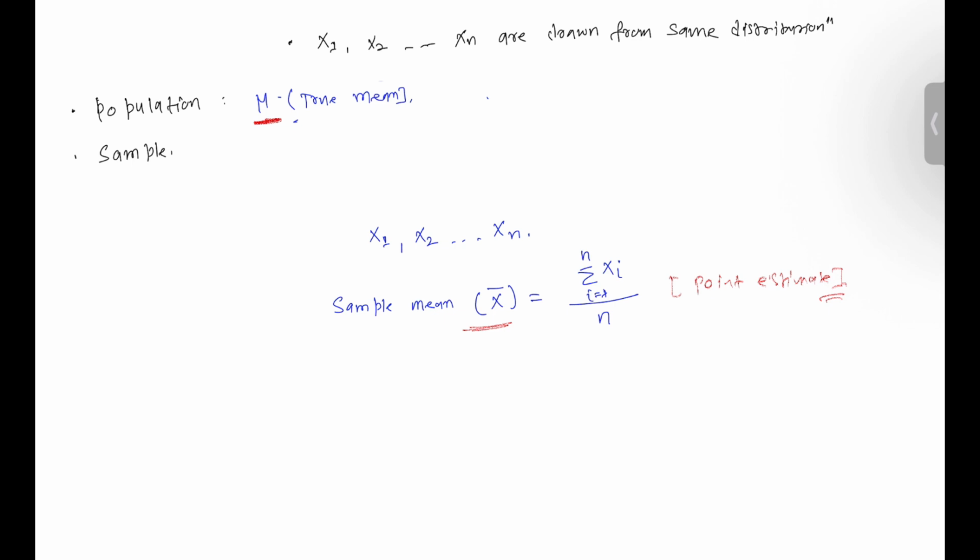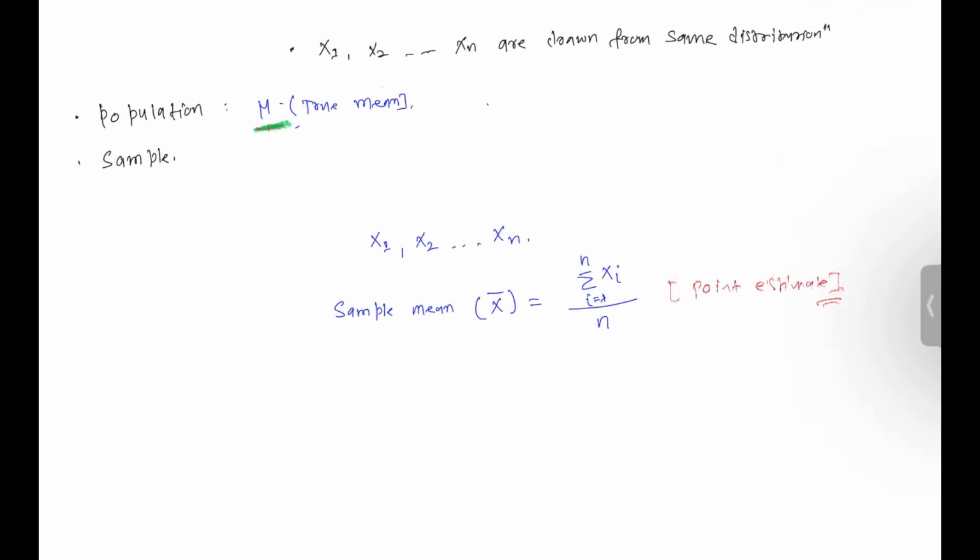The better thing we can do is give a range around the sample mean. This range may or may not capture the true mean, right? So let me first talk about this range.